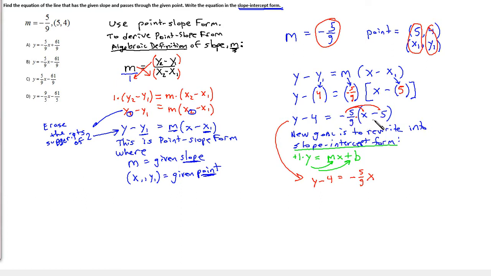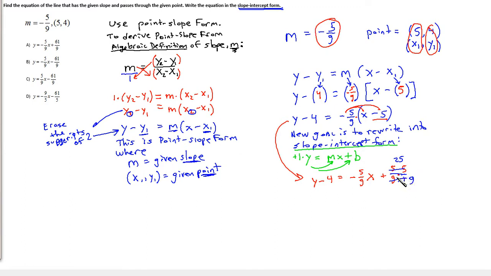Now, negative times negative makes positive 5/9 times 5. So here's the distributive property at work. Now we're going to multiply two fractions straight across. What we get here is 25 over 9.